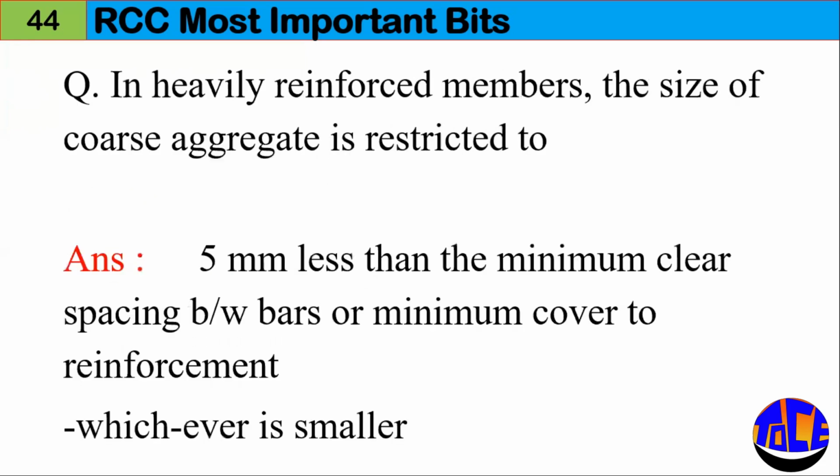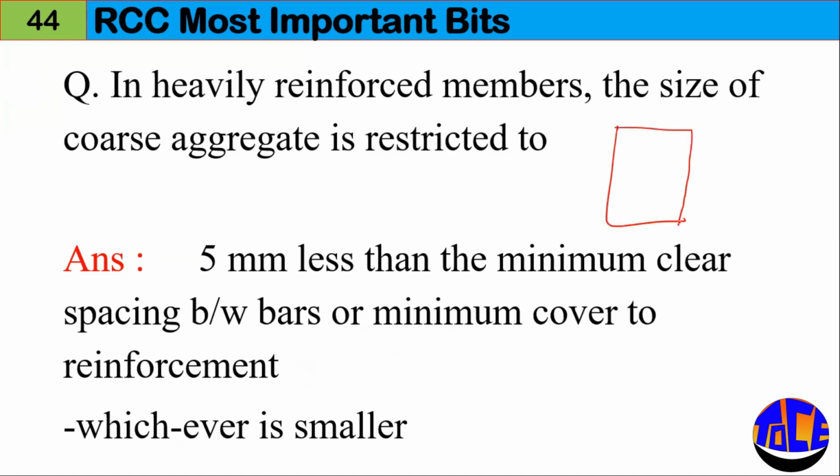Question number 44. In heavily reinforced members, the size of coarse aggregate is restricted to 5 mm less than the minimum clear spacing between bars or the minimum cover to reinforcement. So whichever is smaller of these two will be your answer.